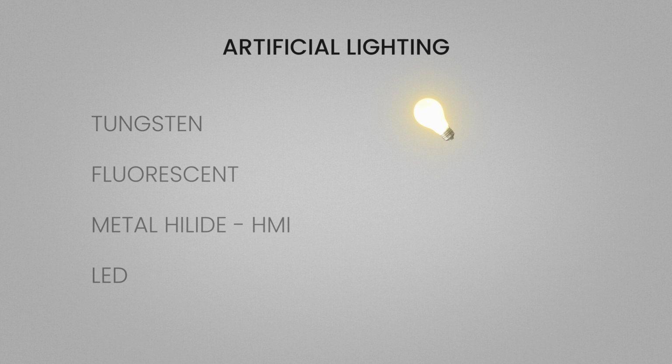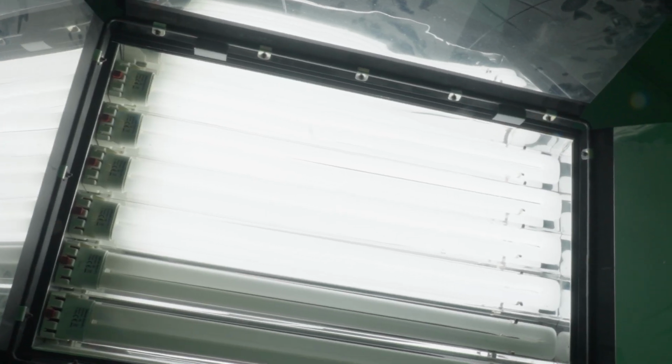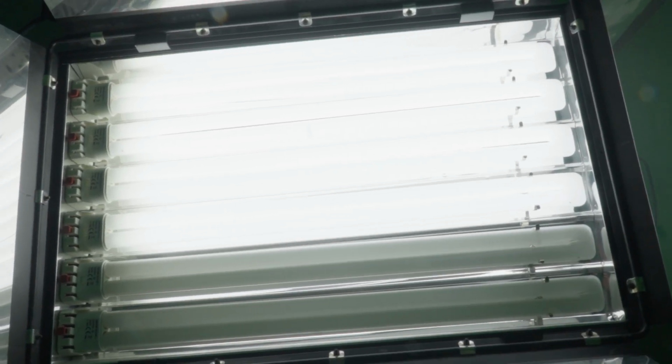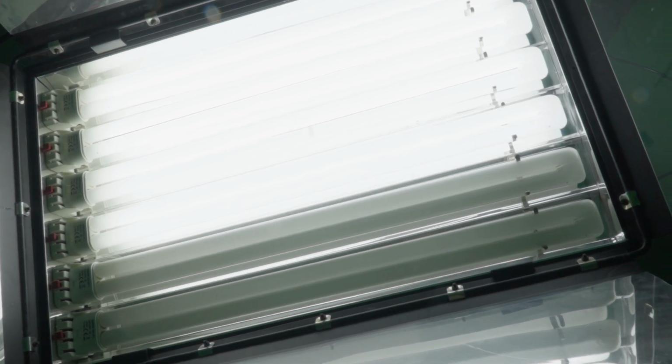The second one is fluorescent lighting. The inside of the fluorescent tube is coated with a layer of phosphor, which absorbs the electric energy and releases it in the form of visible light. Fluorescent lights are soft and have a color temperature usually around 5600 kelvins. Like tungsten lamps, though, the color temperature can also be lower.